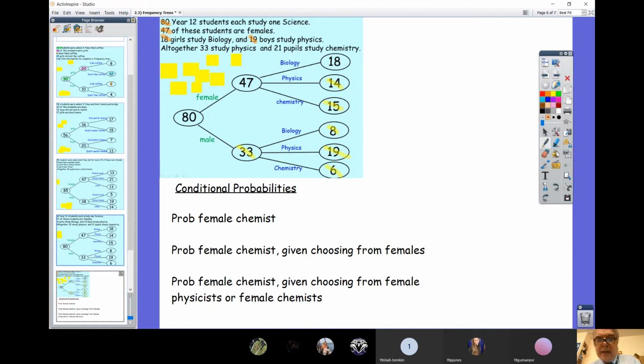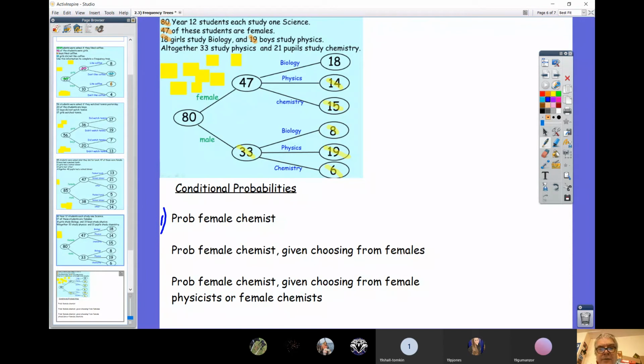You've written down the title, conditional probabilities. Question number 1, can you work out the probability we've just picked from all the kids in year 12, and what's the chances I pick a female chemist? You don't have to simplify the fractions. I know you've got your hand up, Henry, but let's just give everyone a chance to think about it.